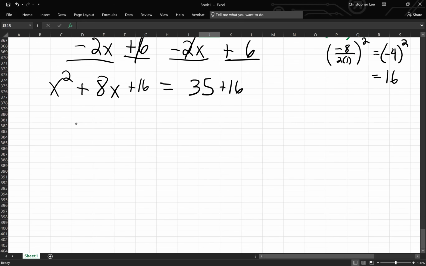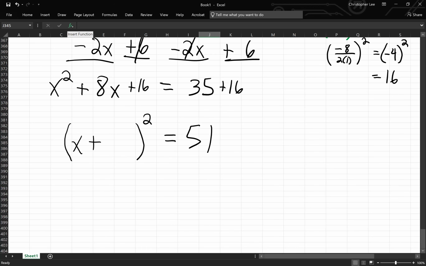Anyway, on the left-hand side, tell me what this is going to be. We got 35 plus 16. That's 51? Okay. And what do I write in the parentheses? X plus 8 plus 16, no, not 24.